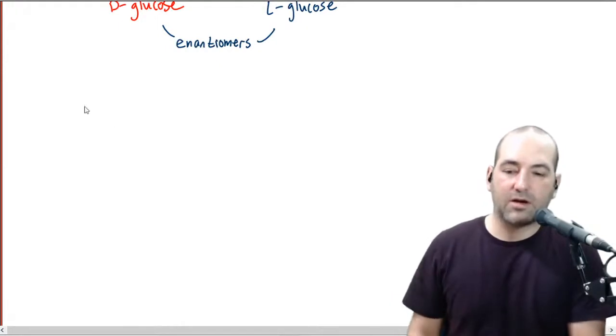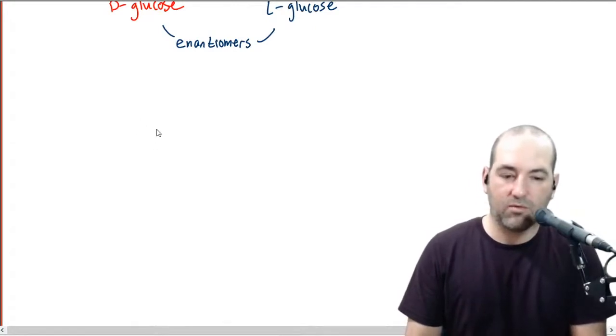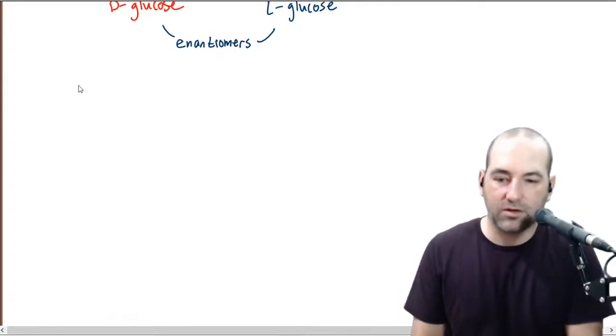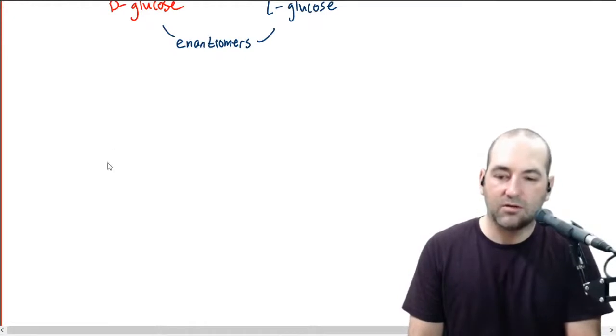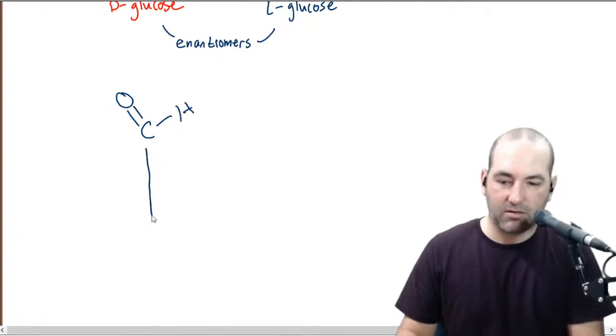Okay, the next thing I want to talk about is forming these ring structures called pyranoses and furanoses. We're not going to get into this too much, but I do want to show it just so the next part makes sense.